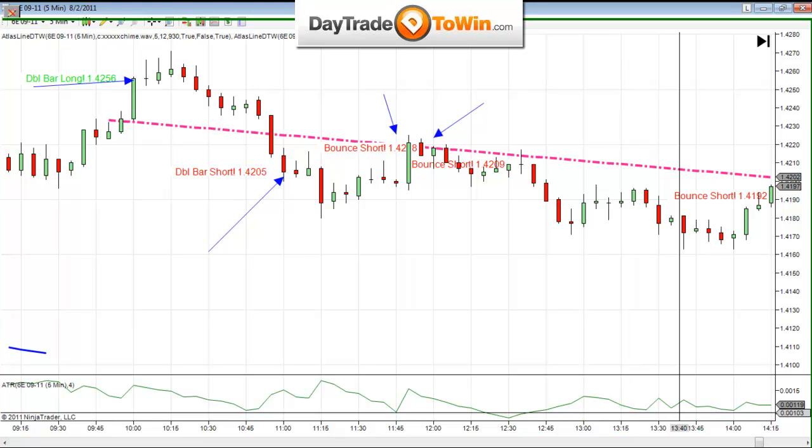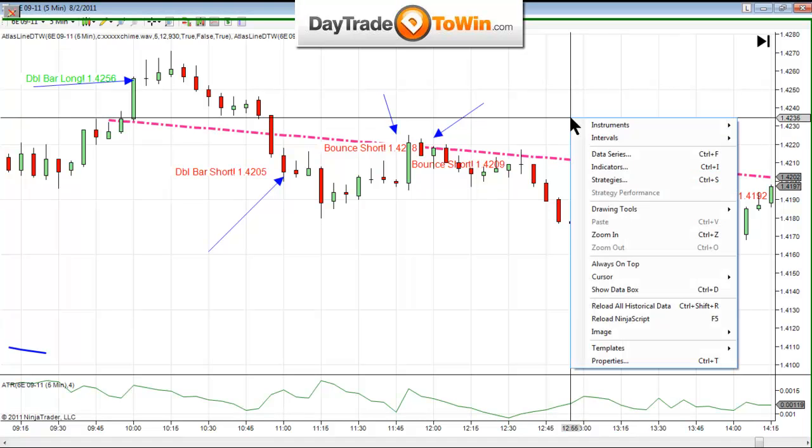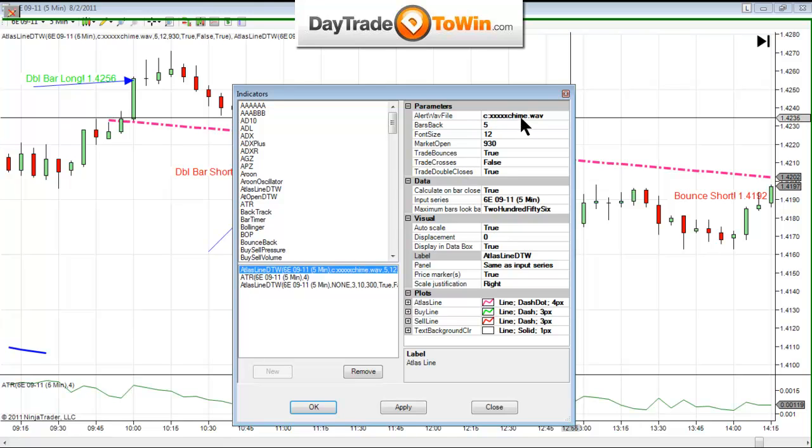Questions, guys? So, Ruben, to answer your question, I'm not sure if you heard me before. The Atlas line is based on price only. Now, what that means is that if you look in the back of the Atlas line here, do you see a parameter where I have set a number, like a moving average has a number, 30 period, or 18 period, or 5 period, or 14, like the ATR? There's no period.